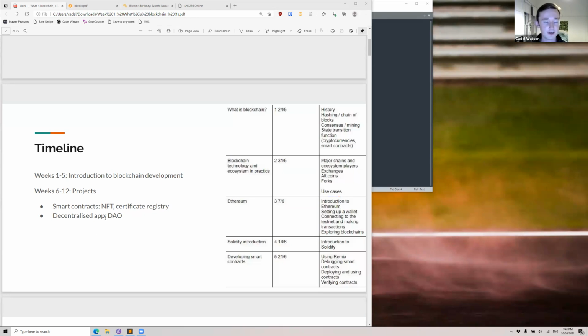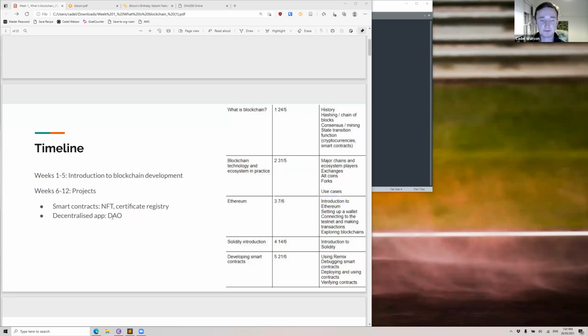Then the final project is building out a kind of simple but full decentralized app. So this is not just building the smart contract, but also building the user interface that people can use to interact with the smart contract, seeing how to connect it to our wallets, and seeing how to kind of use it with multiple people.